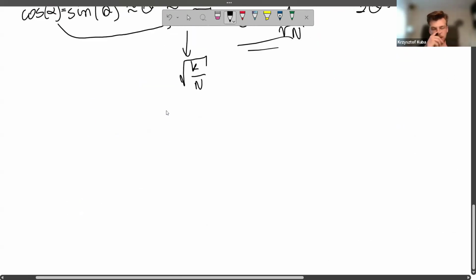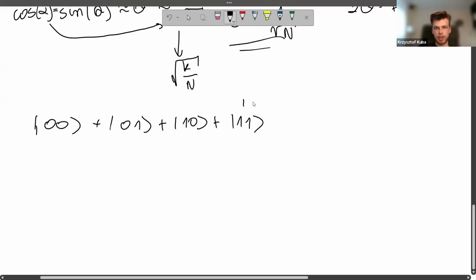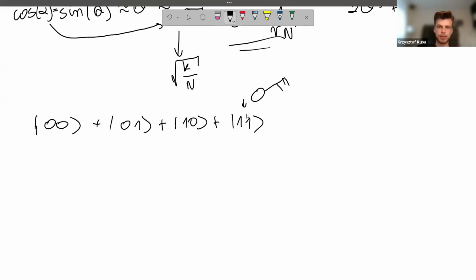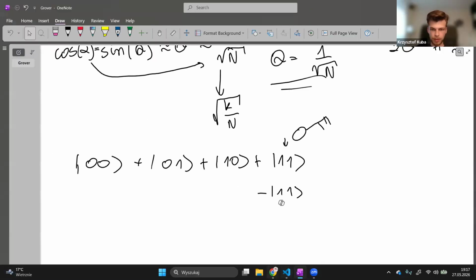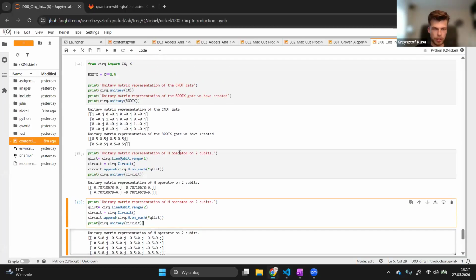We know that in a state of all the superpositions, 00 plus 01 plus 10 plus 11, if this is our key, then we would like to construct an oracle that would change this value to minus 11. And as we saw earlier, this can be done with the controlled Z gate.